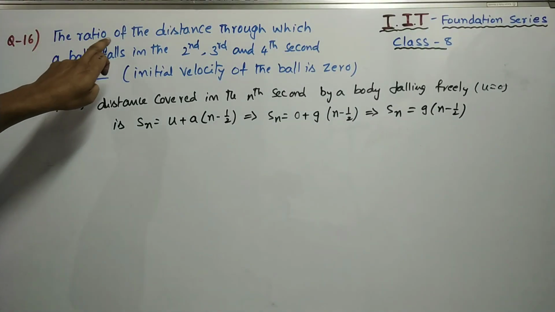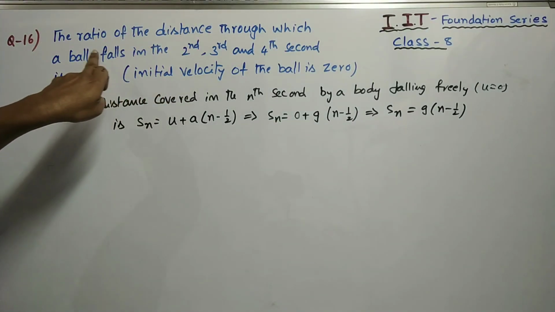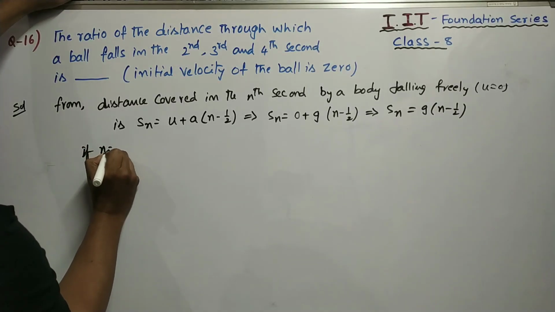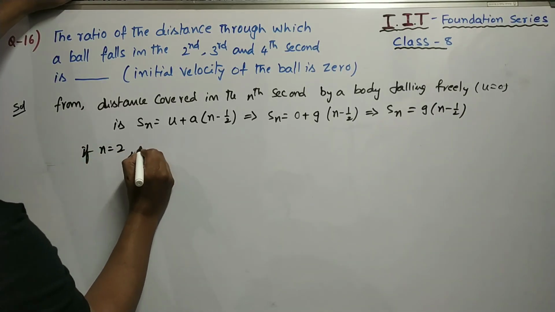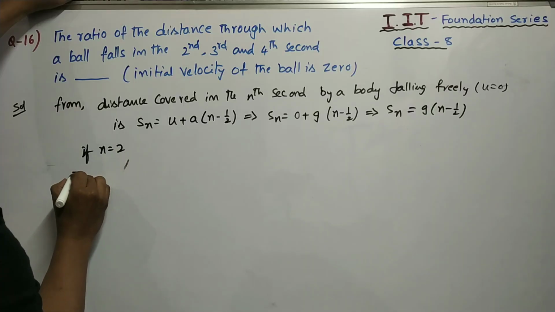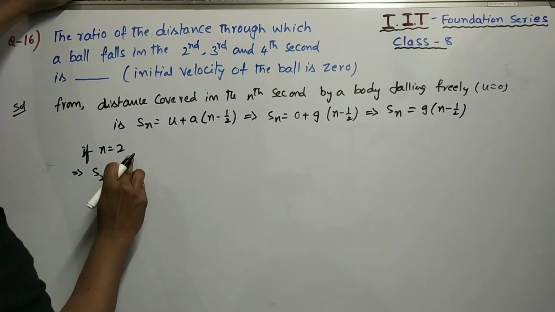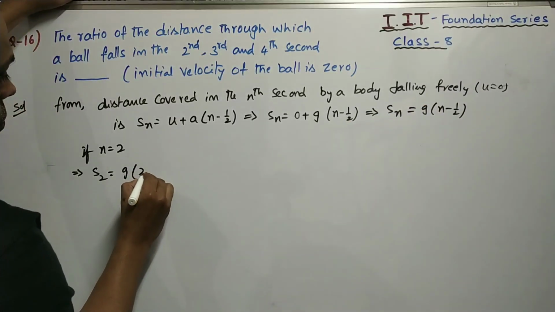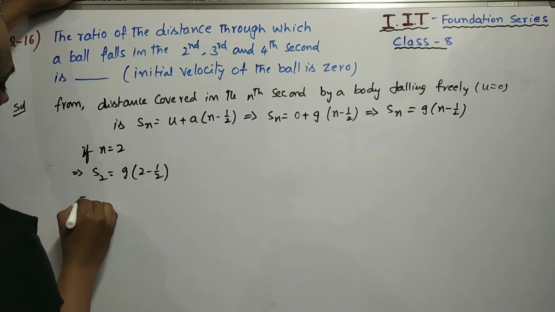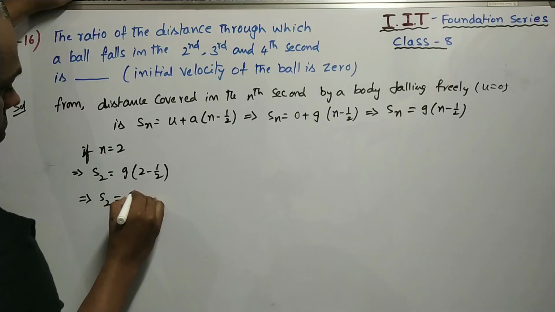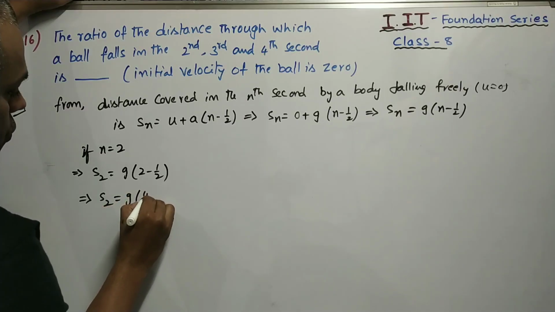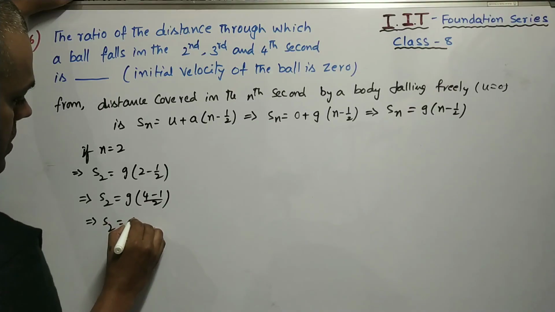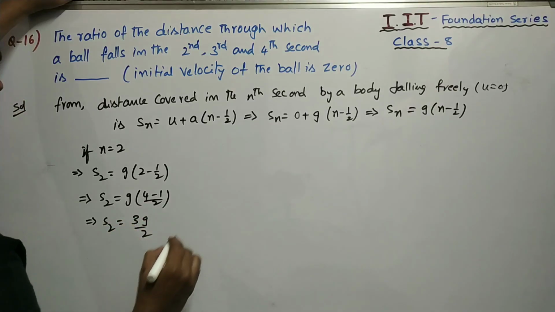The question asks for the ratio of the distances through which a ball falls in the second. If n is equal to 2, then S2 is equal to g into 2 minus 1 by 2, that is g into 4 minus 1 by 2. That implies S2 is equal to 3g by 2.